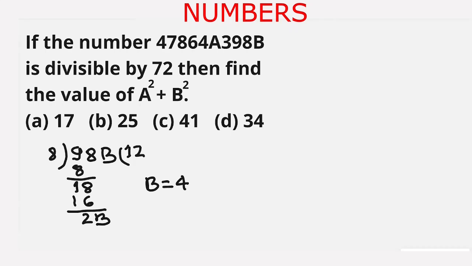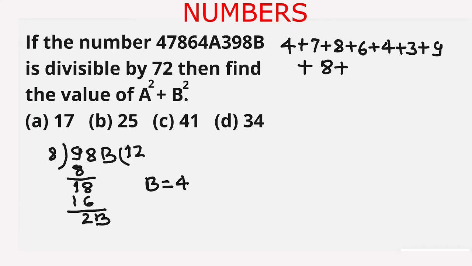And if we take the sum of the digits, then the digits are 4 plus 7 plus 8 plus 6 plus 4 plus A, plus 3 plus 9 plus 8 plus the value of B, which is 4, and plus A. Now we add 4 plus 7 is 11 plus 8 is 19 plus 6 is 25 plus 4 is 29 plus 3 is 32 plus 9 is 41 plus 8 is 49 plus 4 is 53 plus A.